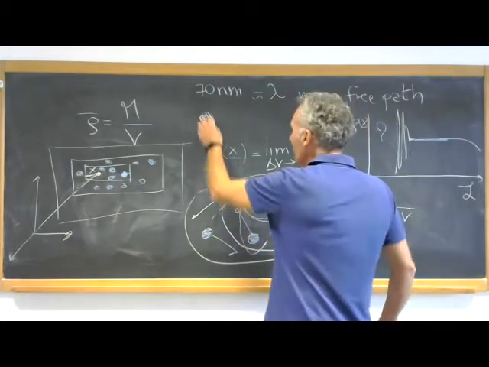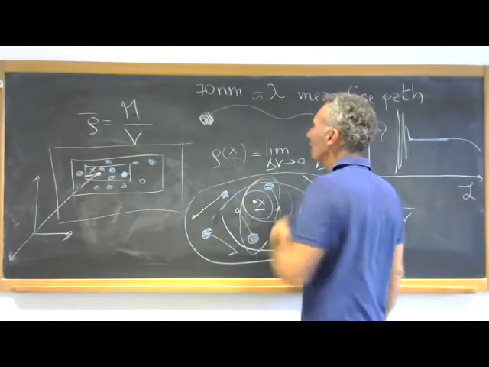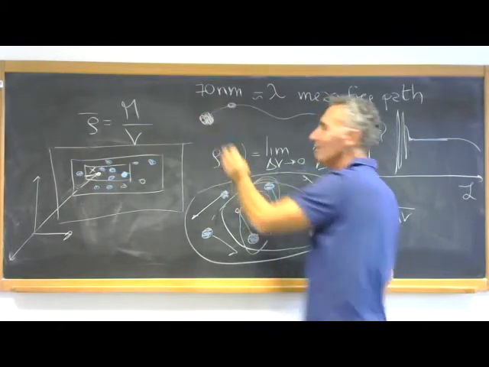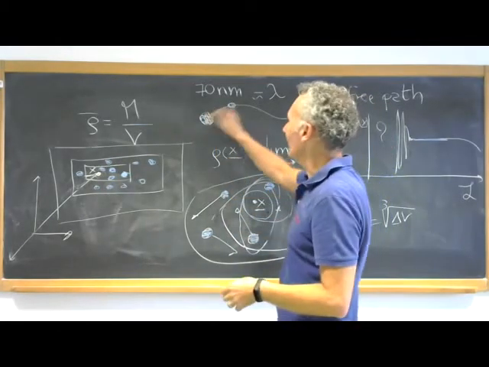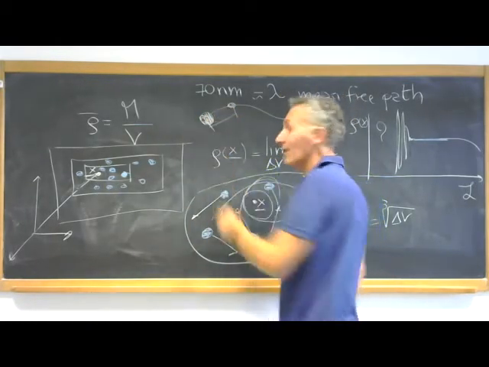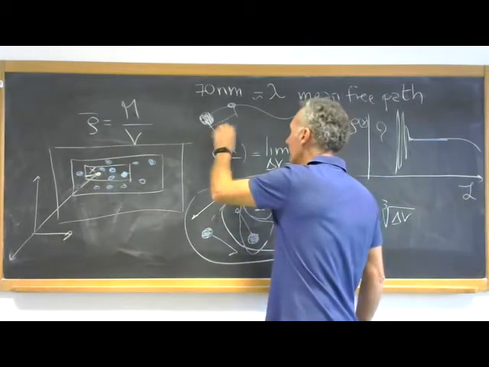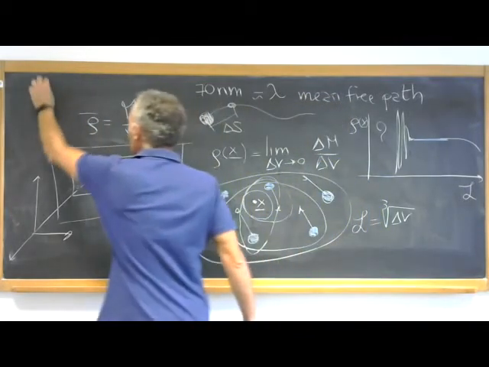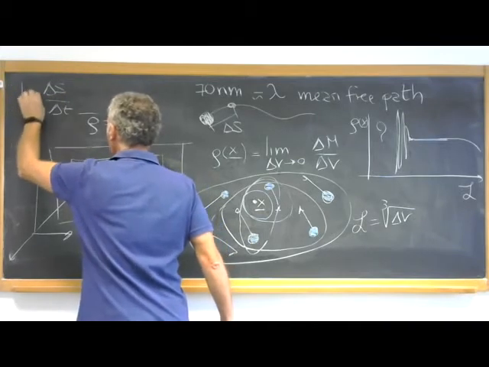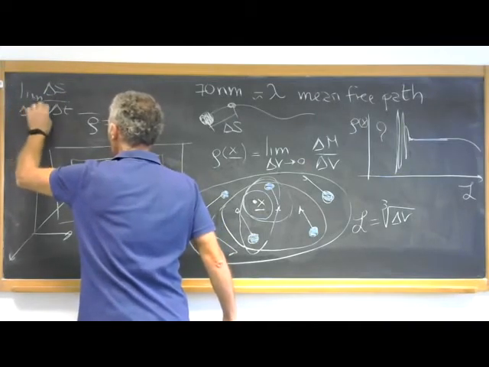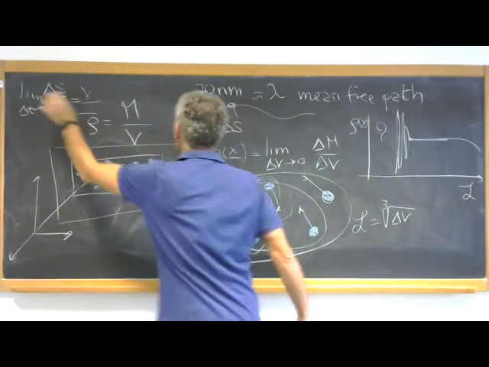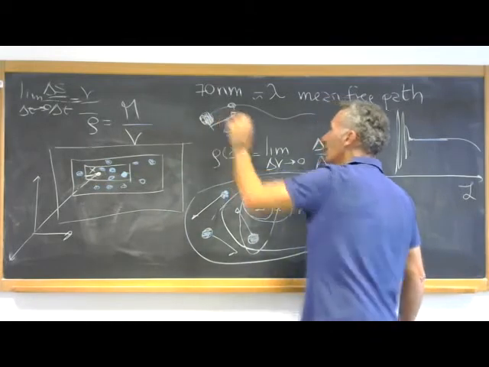Well, the idea would be that this object is moving along a trajectory, and then I take the position here, the position after some time, and then I make the difference in position, which gives a displacement, and then I make the ratio between displacement and time, and then I take the limit as delta t goes to 0, and this gives the velocity, when this is a displacement, which is a vector.